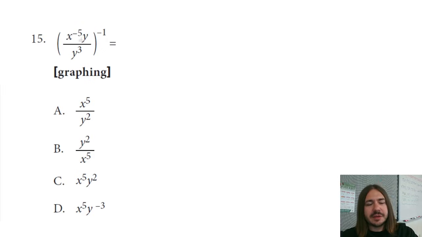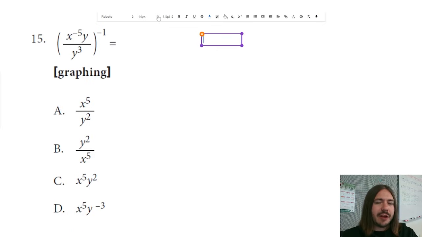So really this just comes down to knowing your exponent properties. I might make a little note up here: if you're not really familiar with these exponent properties, what I'm about to say and my explanation here might be a little confusing. I'll try to break down each property as I go through it.